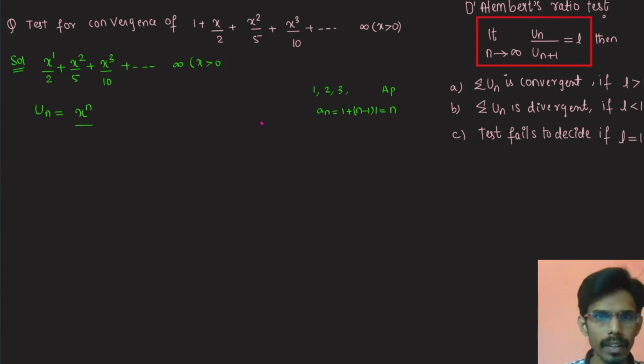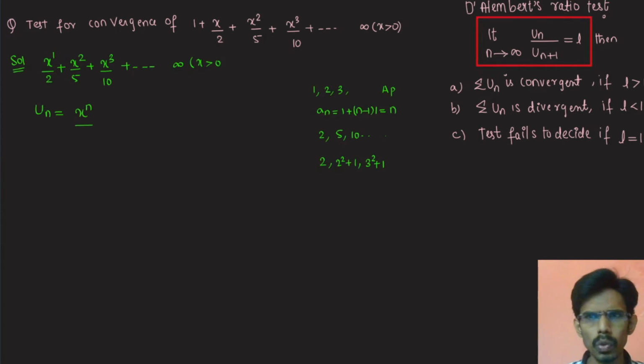Now in the denominator we have 2, 5, 10 and so on. This is not in AP, but it follows a certain pattern. This 5 can be written as 2 square plus 1, 10 as 3 square plus 1.